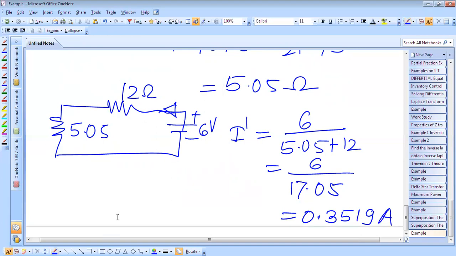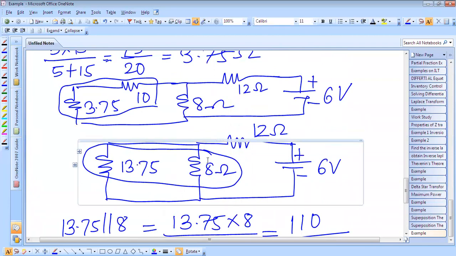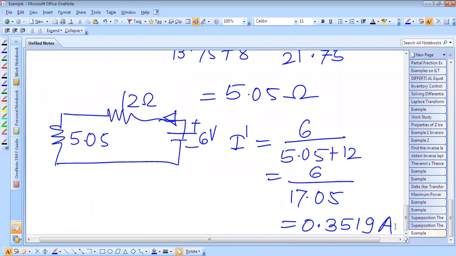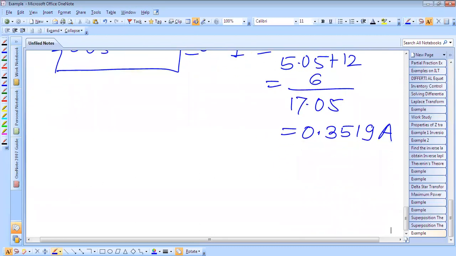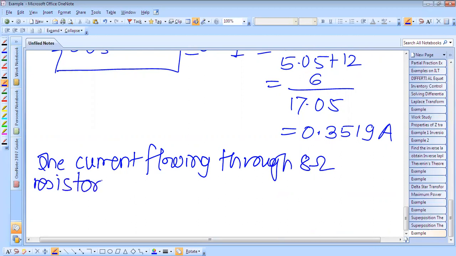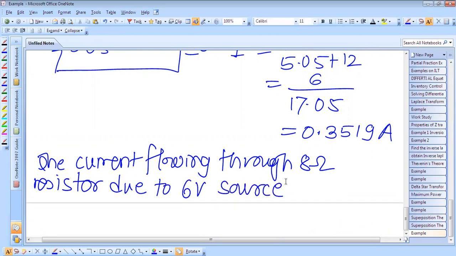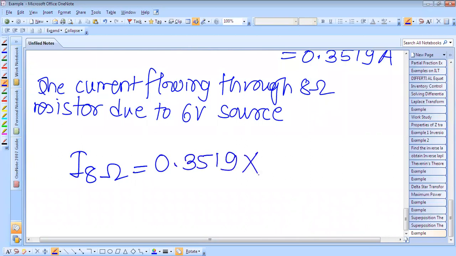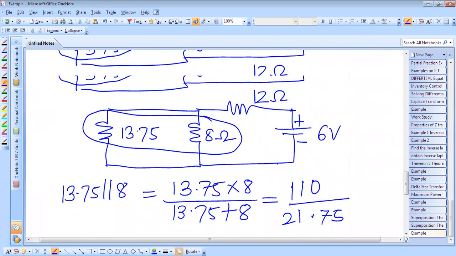Now we can find the current flowing through this 8 ohm resistor because we are interested in the 8 ohm resistor. So the current through the 8 ohm resistor, now the total current is 0.3519 multiplied by the resistance of the opposite branch.